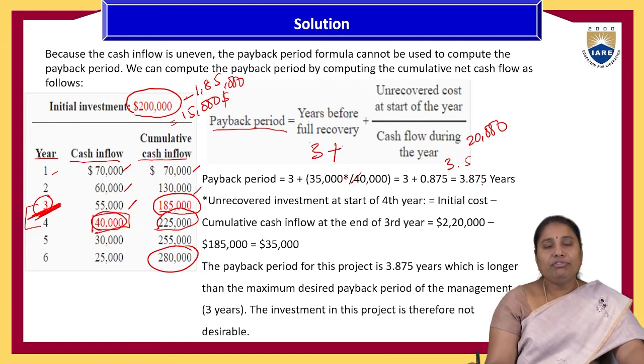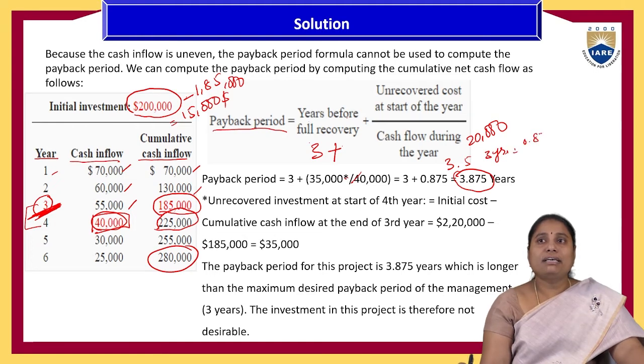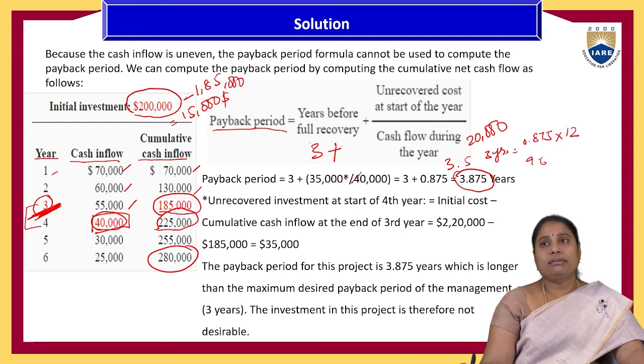To convert 0.875 year into months, we need to multiply by 12. So 12 into 8, 96, around 9.7 months with the decimal points.